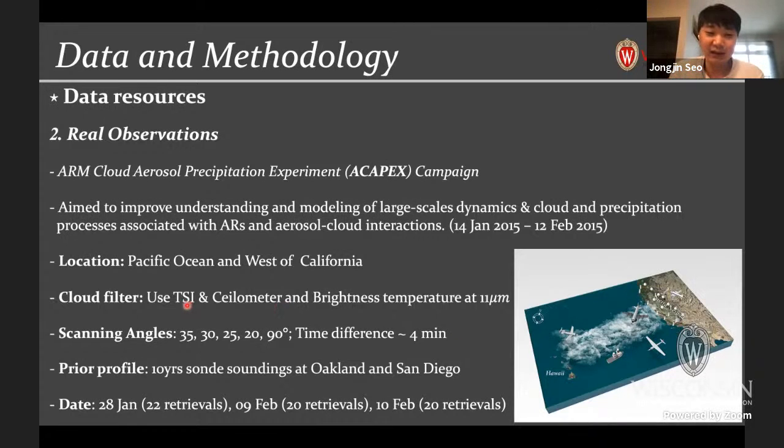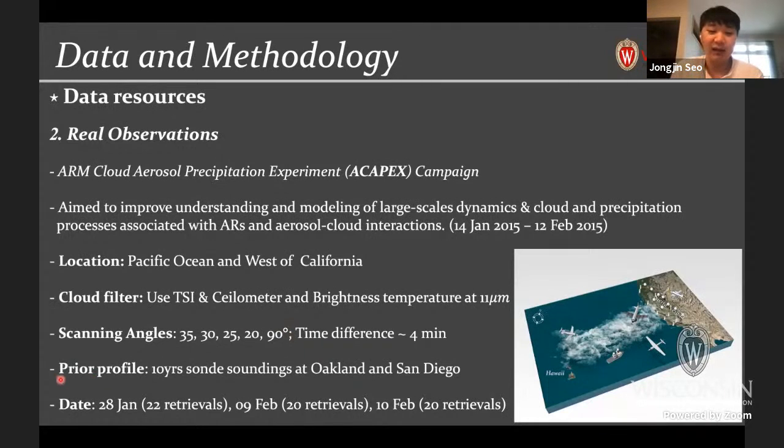And we use the TSI and ceilometer information to filter out the cloudy scenes. And the scanning angles we have are 35, 30, 25, 20, and zenith. The time difference between the first 35 and the last zenith is approximately 4 minutes.